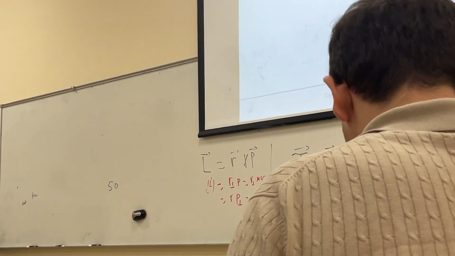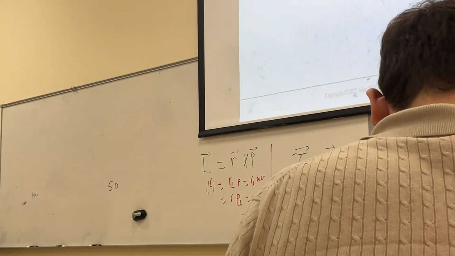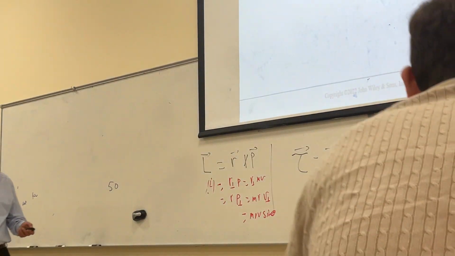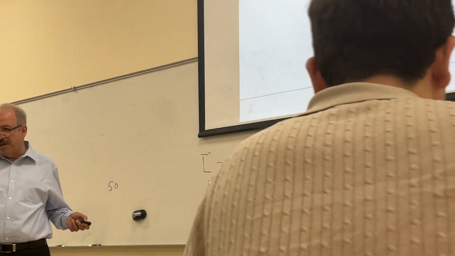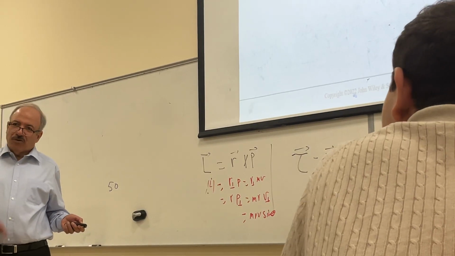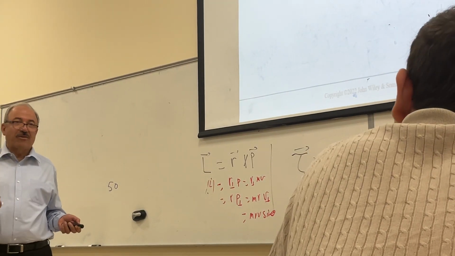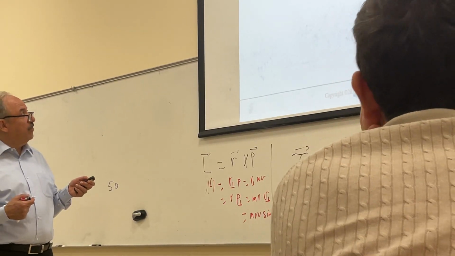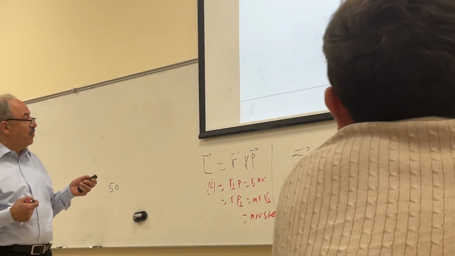Angular momentum has meaning only with respect to a specific origin. You cannot say my angular momentum is this. I said all the time I calculate with respect to some origin. It's not rotating about that origin, but we calculate it with respect to it. It is always perpendicular to the plane formed by the position and linear momentum vectors.